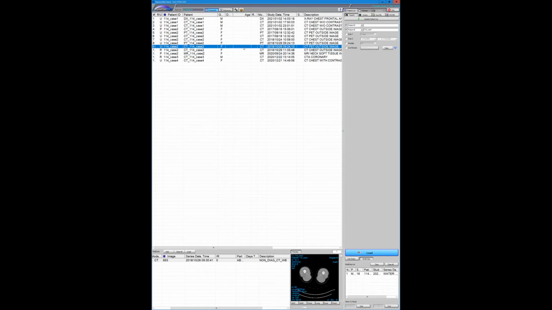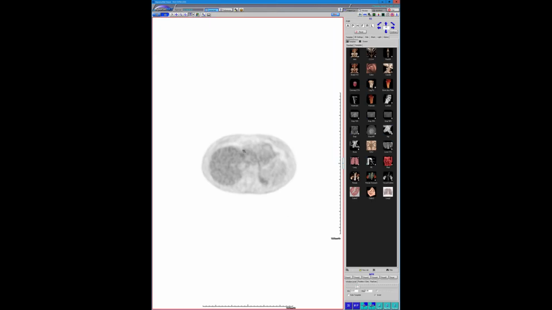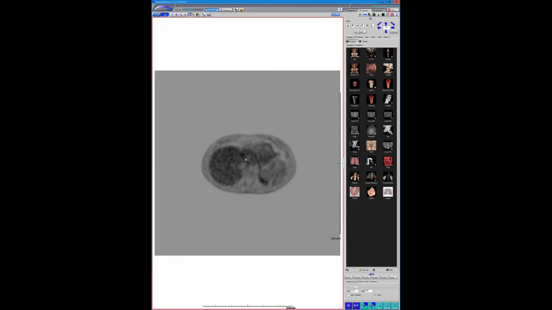But the interesting thing about this guy is here is a neck MR, and you can see this hypervascular region around the carotid artery. And it turns out this patient had, I don't remember the mutation, that SDHB or something mutation regarding paragangliomas.